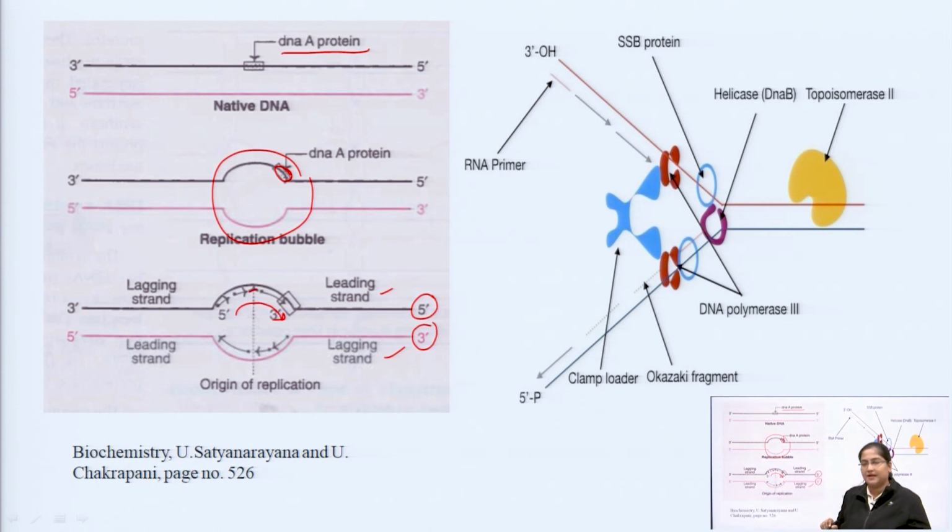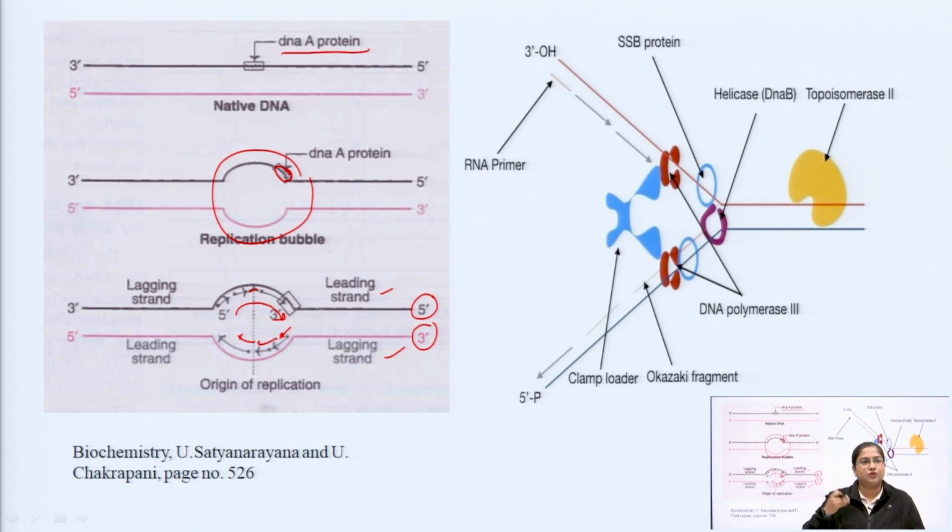But in the lagging strand, because it is complementary to the parent DNA strand, it is very difficult to make the 5' to 3' strand continuously. So there will be small fragments like this. One small fragment will form, then again one small fragment, then again one small fragment. So these small fragments will form on the lagging strand, because the 5' to 3' direction is not happening here continuously.